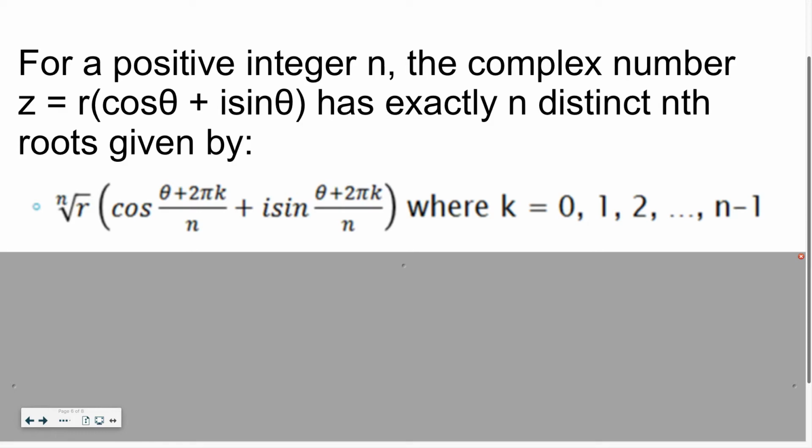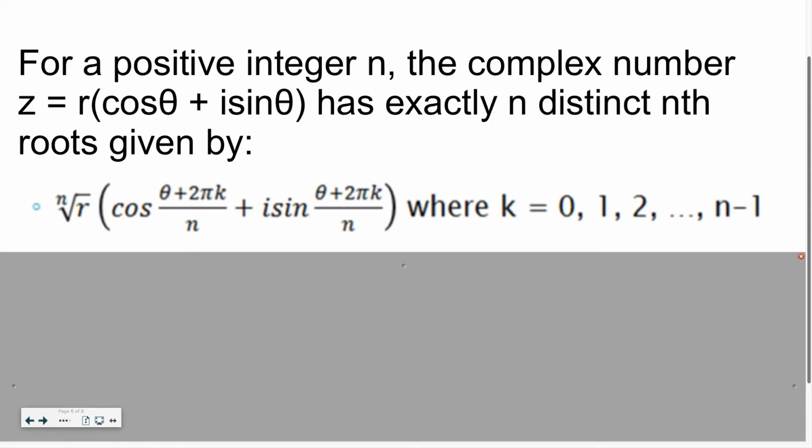You're going to start with k is 0. Your next one you're going to plug in k is 1. Your next one, k is 2. And you're going to go until you have enough. You can see this goes up to n minus 1, but I'll just tell you to keep plugging in the next k until you have enough roots. If I ask you for third roots, you have 3 answers.